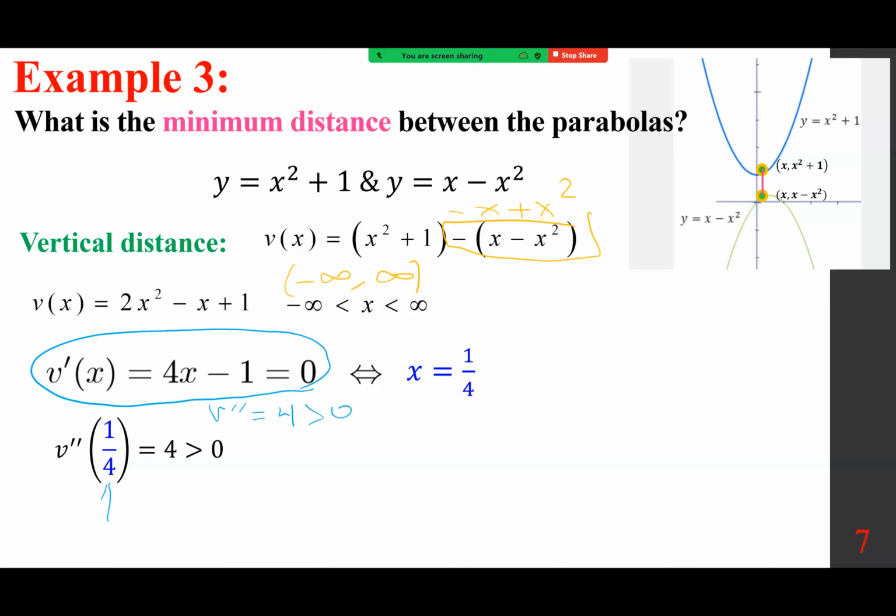Now you have to plug in 1/4, but there is really nothing you can do here because it's a constant. It's important to know it has to be plugged in, but V double prime is independent of x, so it's always 4, it's always positive, it's always concave up, and therefore it's minimum. When it's concave up looking like that, we have the minimum. Let's just do the drawing.